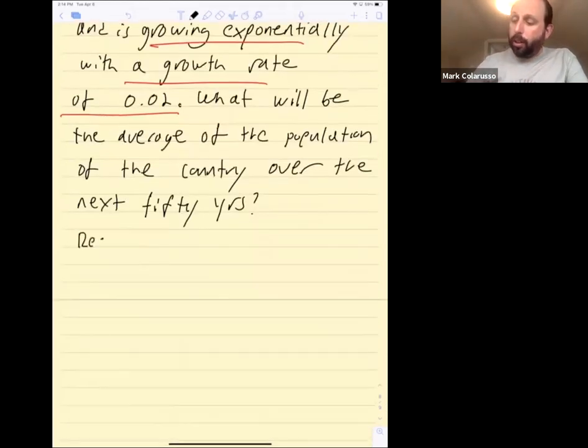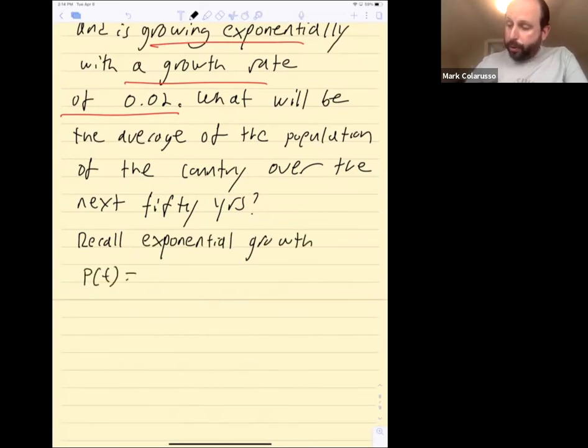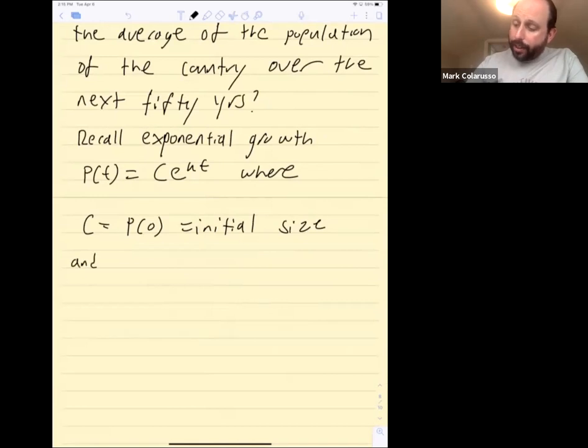So recall, exponential growth: I'll just say P of t for population is equal to C e to the kt, where C is the initial size and k is the growth rate.